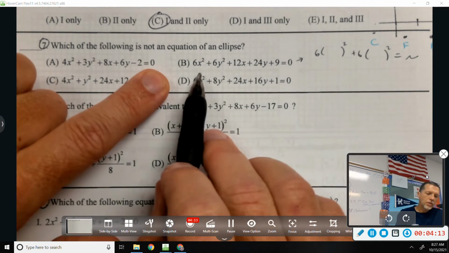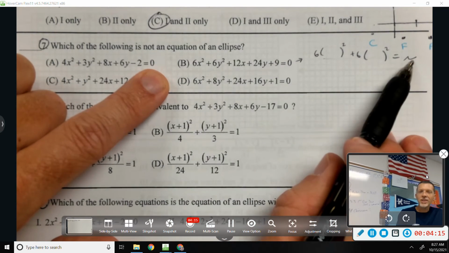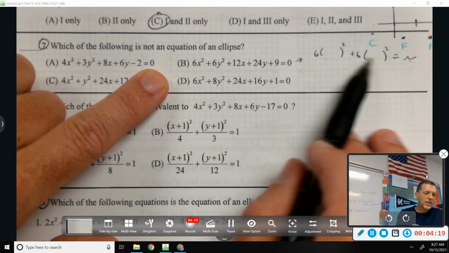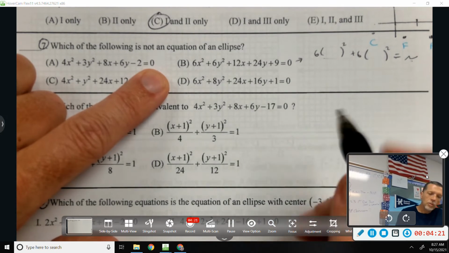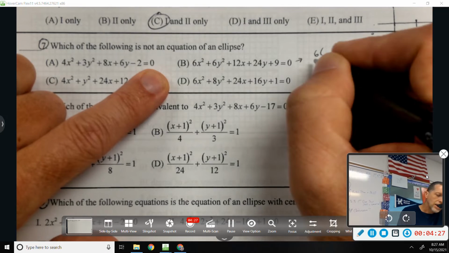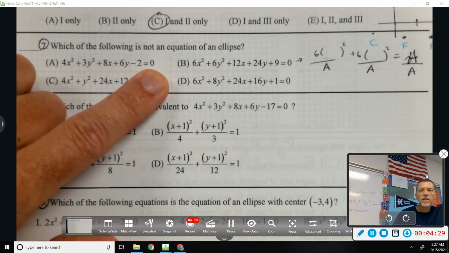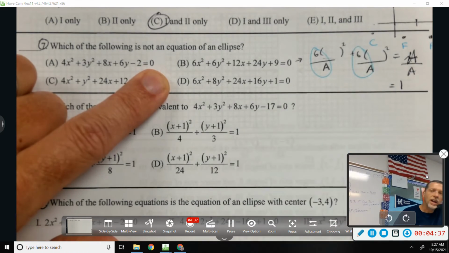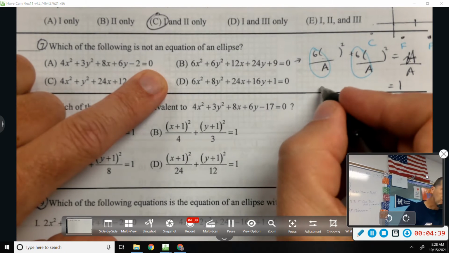Are you okay with me doing this? That's what it would look like. I'm passing on the details right now. And then whatever number is over here, we would divide by, let's just say it's A, to make it equal to 1. Well, if this one is 6 over A, this one's 6 over A, they're going to end up with the same denominator.